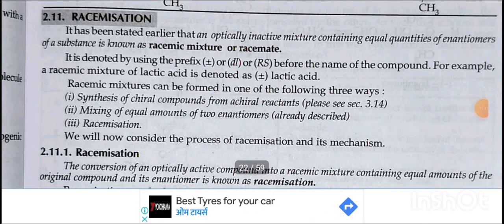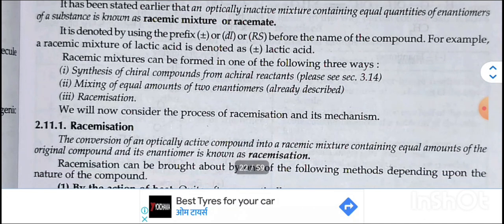Racemization. It has been stated earlier that an optically inactive mixture containing equal quantities of enantiomers of a substance is known as a racemic mixture or racemate. It is denoted by using the prefix DL or RS before the name of the compound.